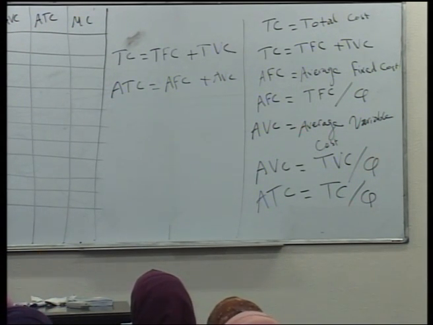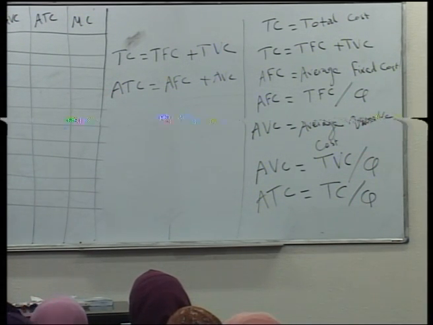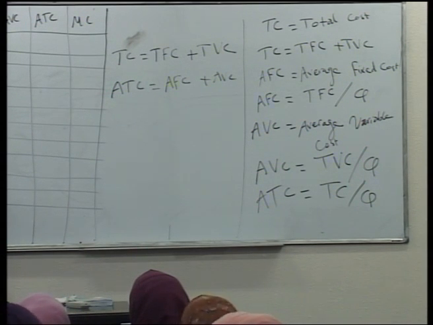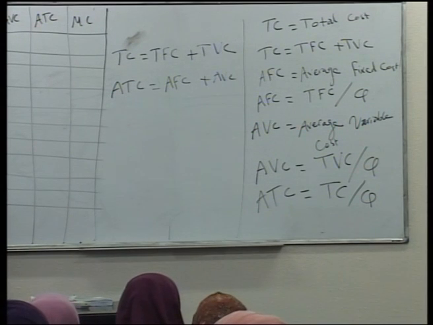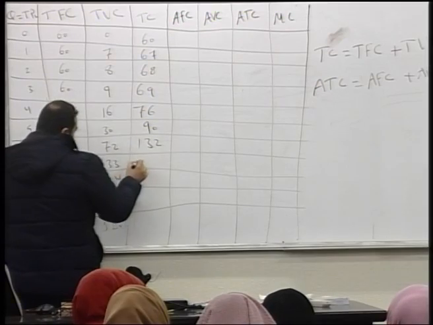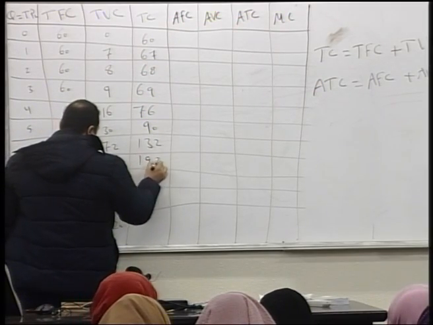So 60 plus 0, 60. 67, 68, 69, 76, 90, 132, 193.